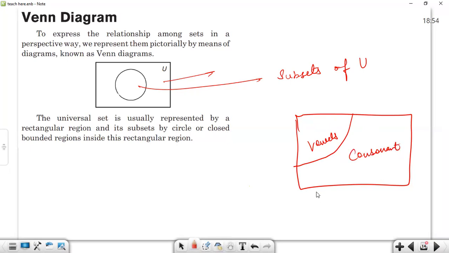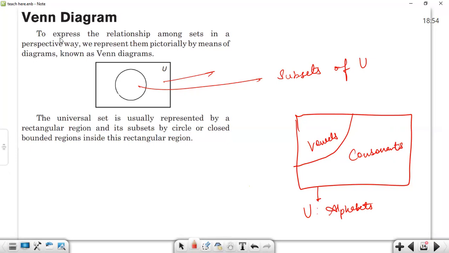This whole rectangle is the universal set, which is the alphabet set. This region has all the consonants of the English alphabet.